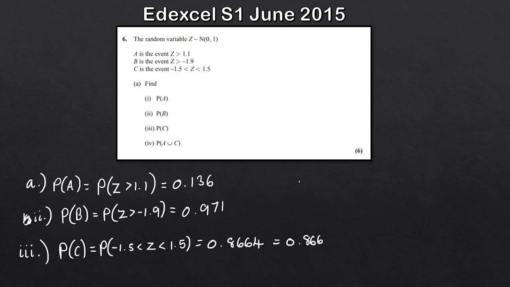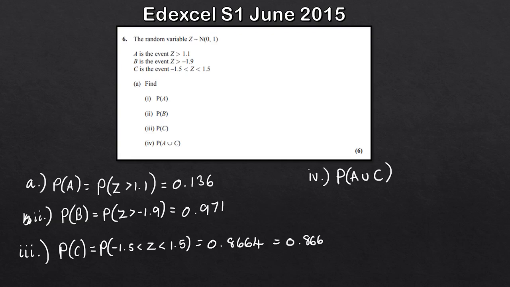And then finally, for the last one, part 4 here, we're looking for the probability of A union C. So this might throw some people, but again, it's not actually too bad. All we need to think about is these two events. A is the event that Z is greater than 1.1, so we want everything that's greater than 1.1, and C is the event where Z is between minus 1.5 and up to 1.5.